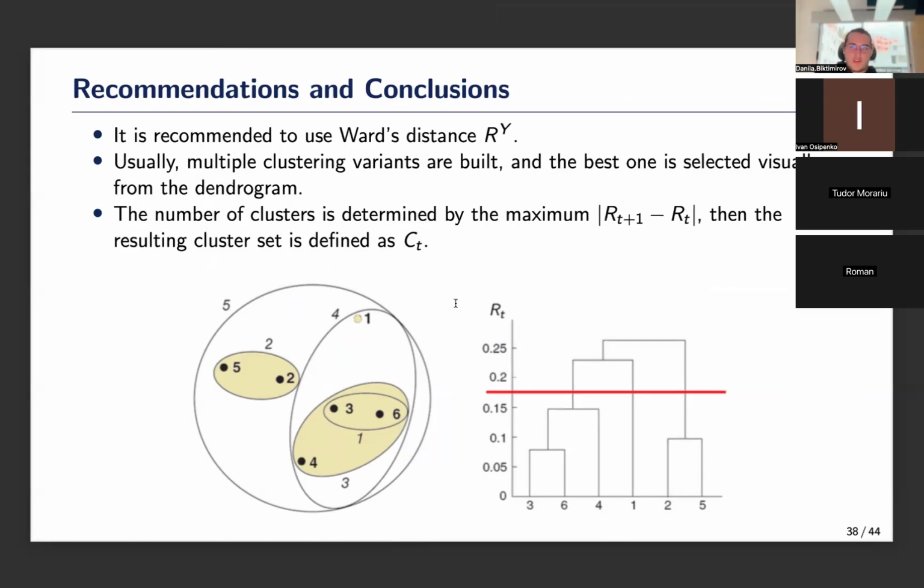Advantages and disadvantages of agglomerative clustering. There is no definitive answer to the question of which clustering algorithm is the best. Each of the distances mentioned above has its own drawbacks, and is not suitable for all tasks.